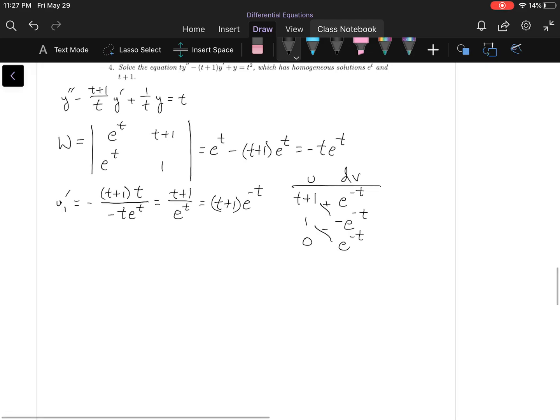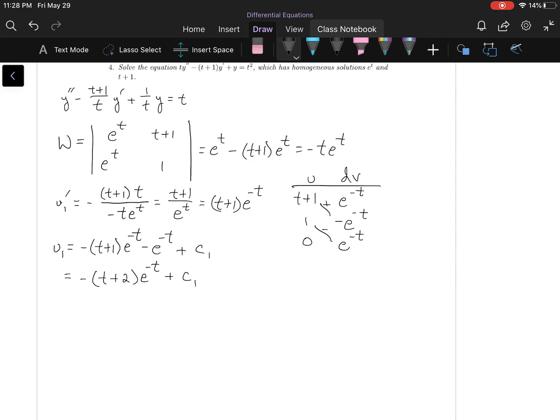So that when we actually integrate, we get u1 is negative t plus 1 e to the negative t minus e to the negative t plus c1. And this simplifies to negative t plus 2, e to the negative t plus c1.